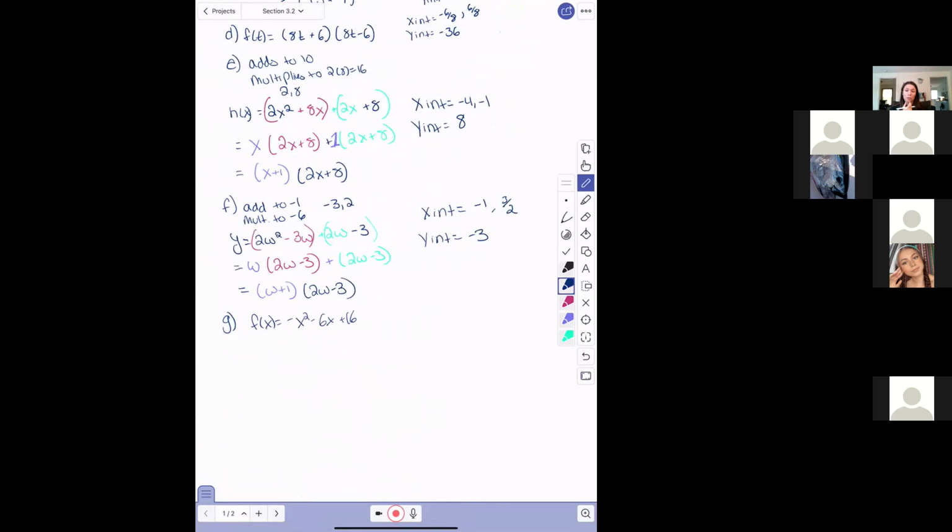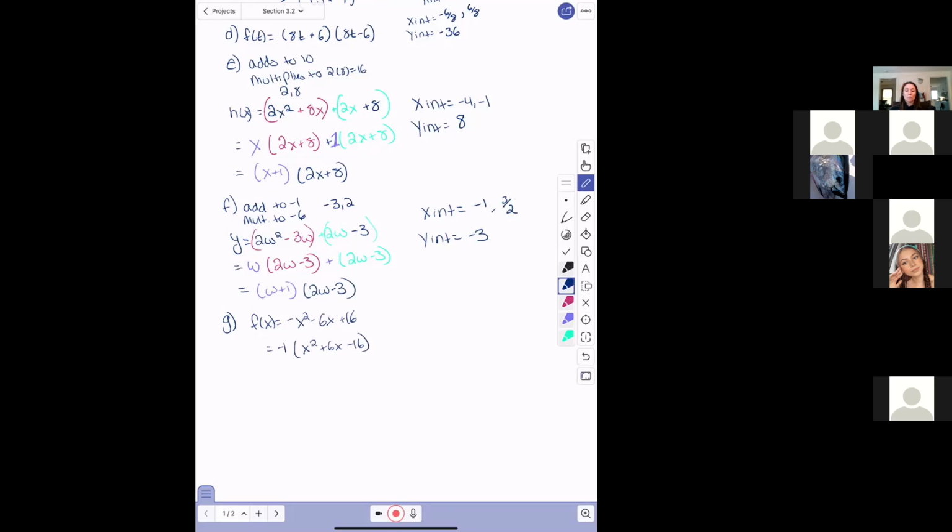From here, it looks almost like we could do what we did with the first two, but we can't. But we'll go ahead and do it Abby's way, and we'll just factor a -1 out of everything. So this is the same as -1 times x squared plus 6x minus 16.